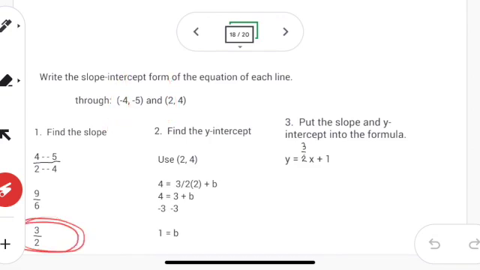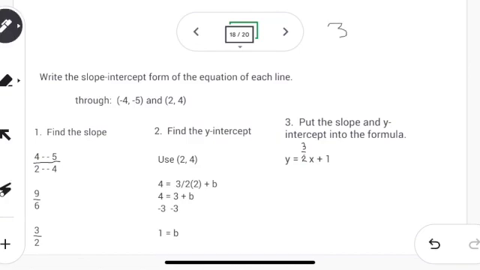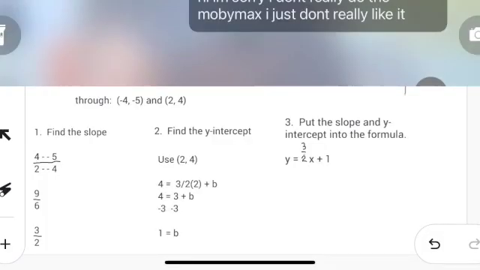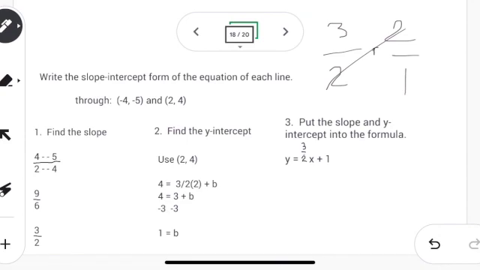Which one would make the fraction cancel out? So I chose to use the point with the 2 because 3/2 times 2 cancels those out. So in this case, that's how I would choose my point. And then we get b equals 1. We put it in at the end.